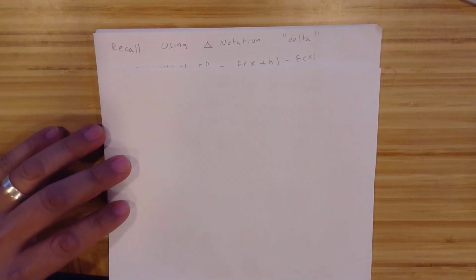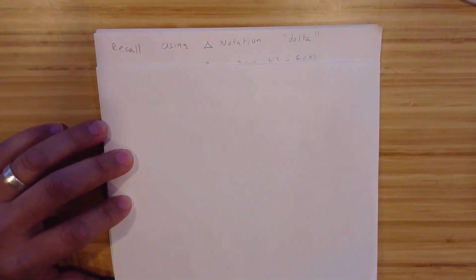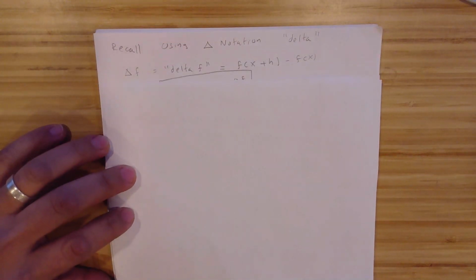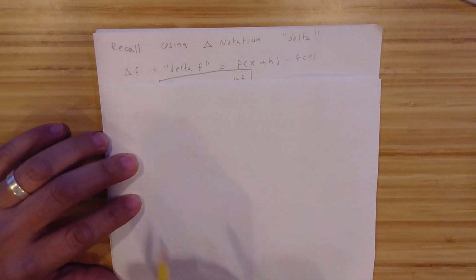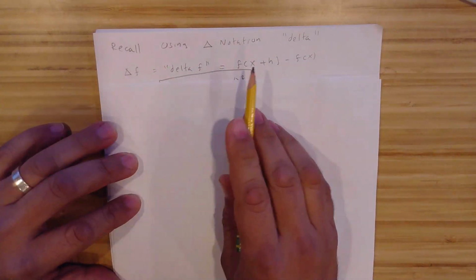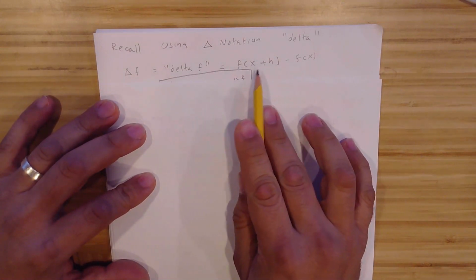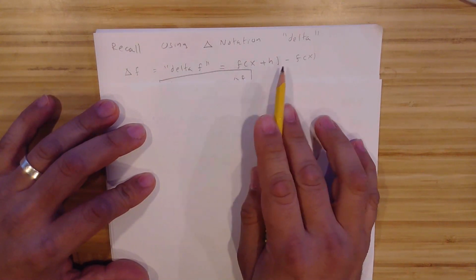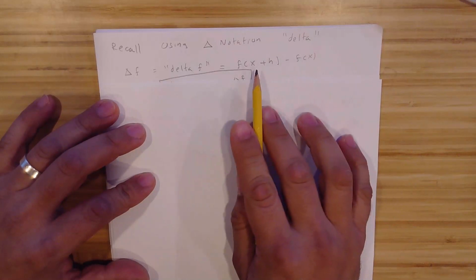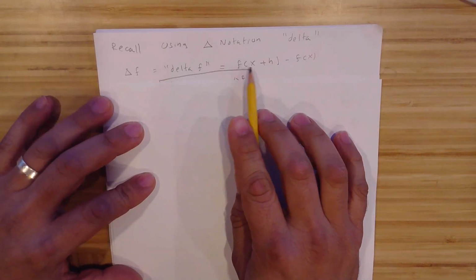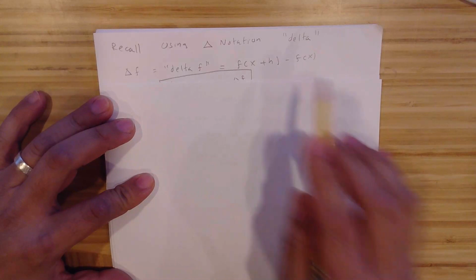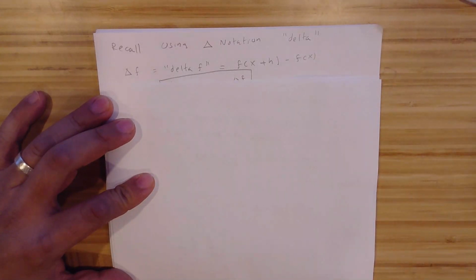Okay, before I start with the topic today, we should recall the use of the notation delta. Basically, delta of f means the difference we have in the derivative, the numerator part, which is f of x plus h minus f of x.